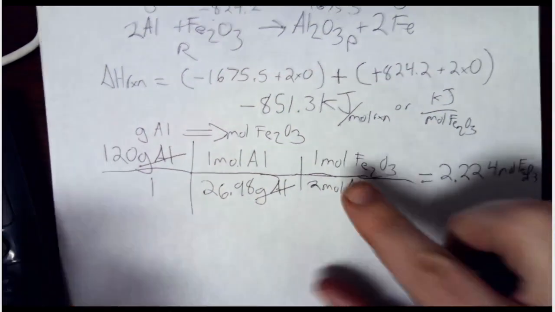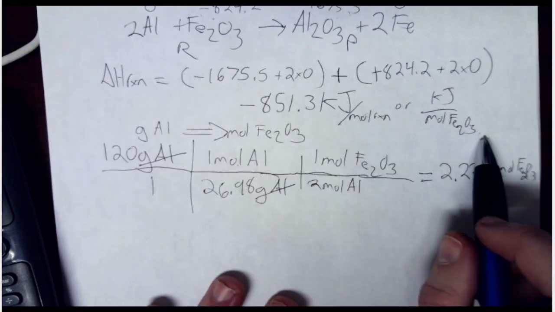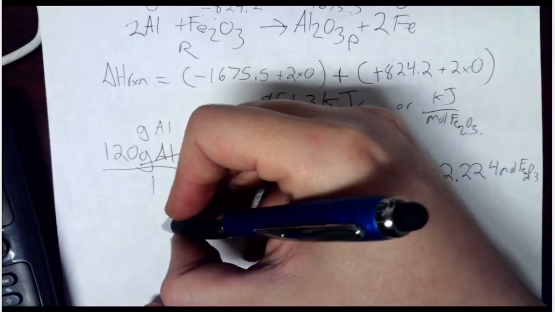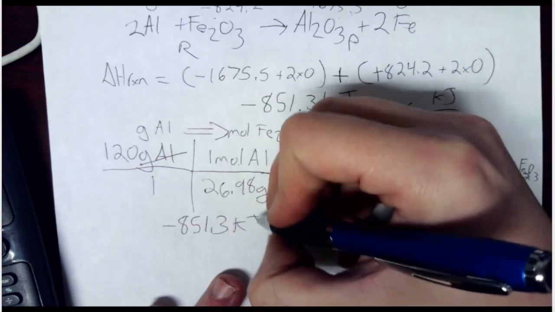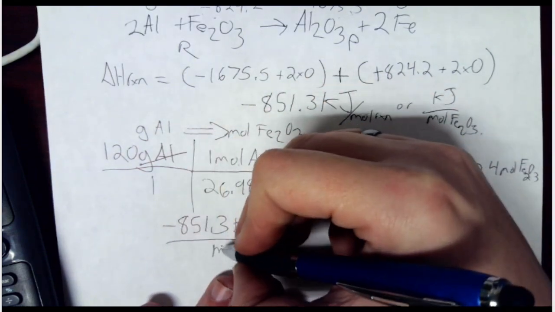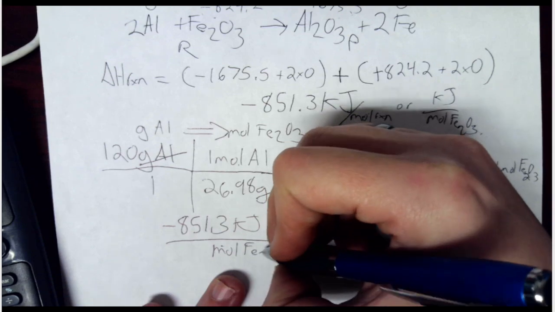So with that in mind, for every 1 mole of iron oxide, we get 851.3 kilojoules per mole of iron oxide.